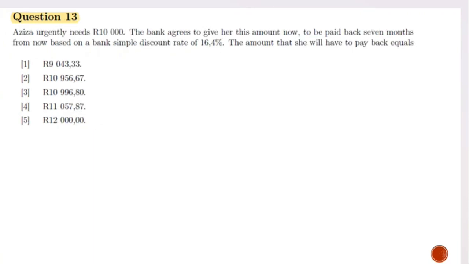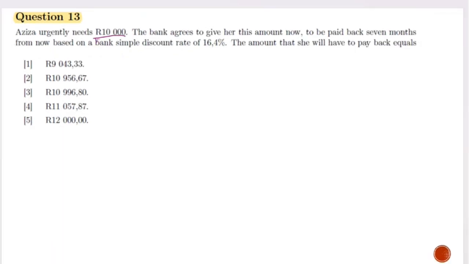So here, Aziza needs 10,000. The bank agrees to give her this amount now. This is now, so your P here is equal to 10,000, to be paid back 7 months from now. So your T is equal to 7 months. That means it's less than a year, so you want to convert this to an annual period.